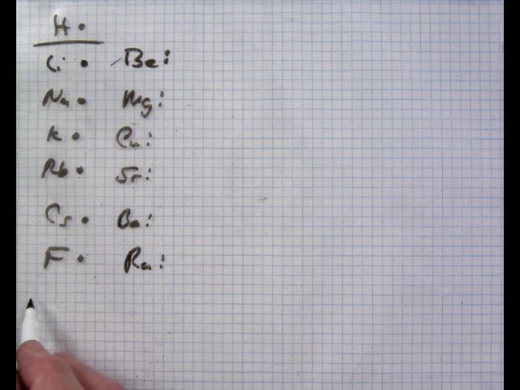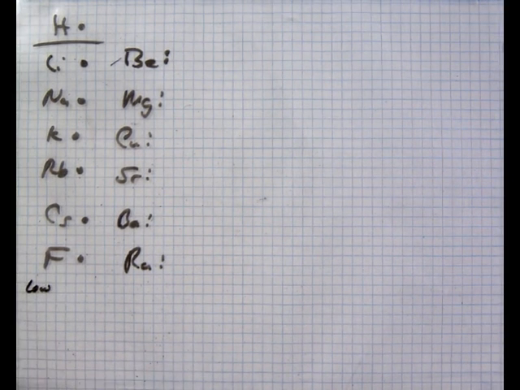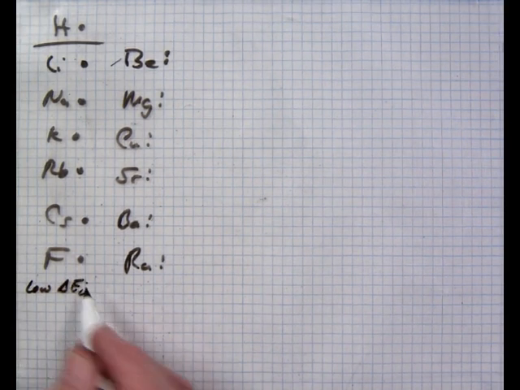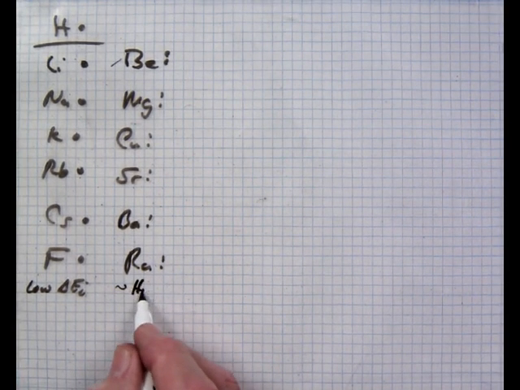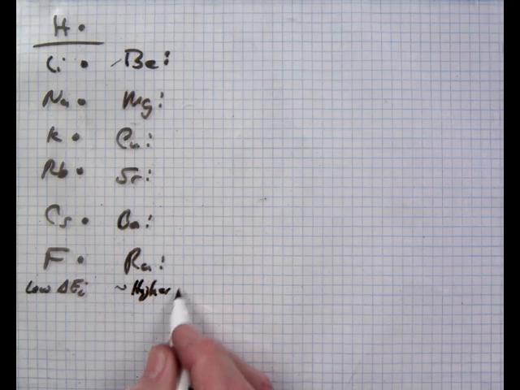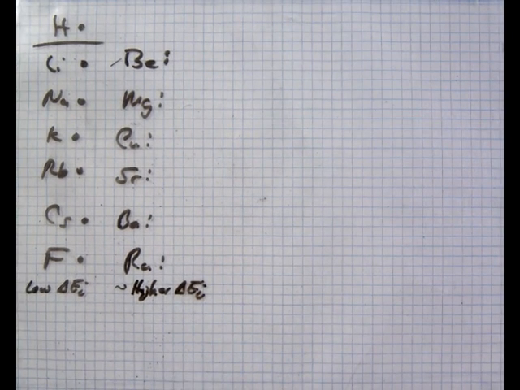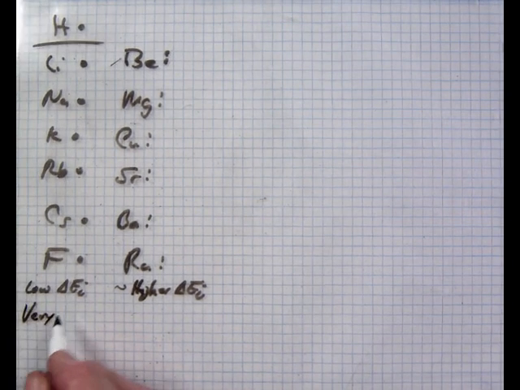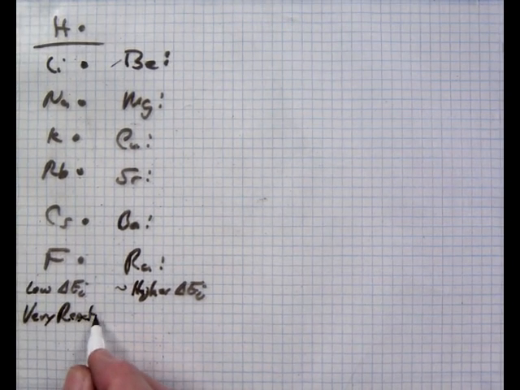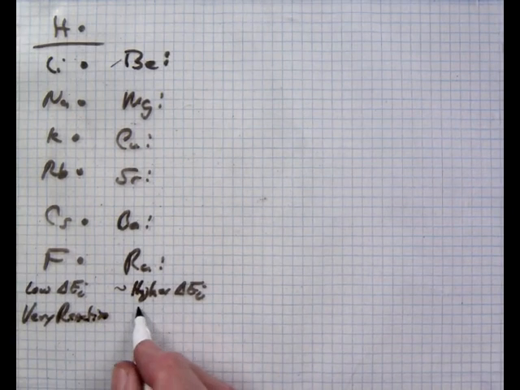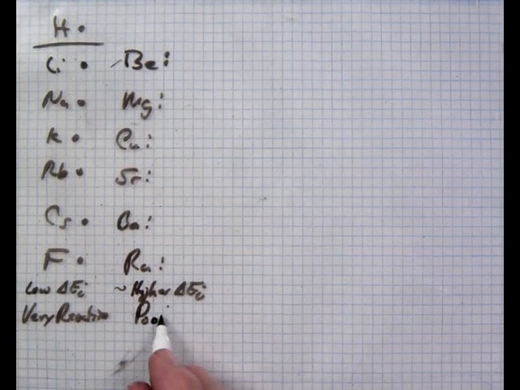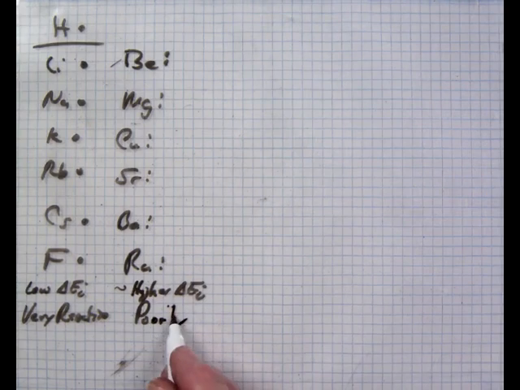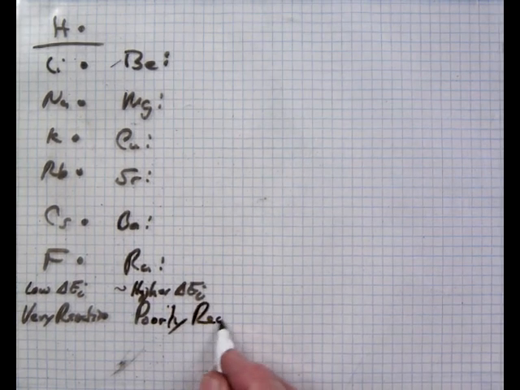So this would be low delta EI here. This would be a slightly higher delta EI. Low delta EI is very reactive. This is poorly reactive.